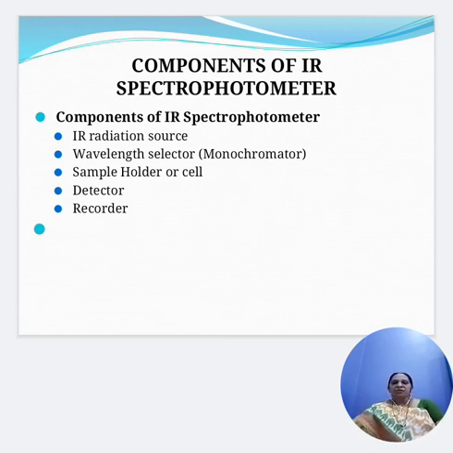The components are the infrared radiation source; second, the wavelength selector, which is nothing but your monochromator; third, the sample holder or the sample cell, where the sample is held or contained; fourth, your detector; and fifth, your recorder.